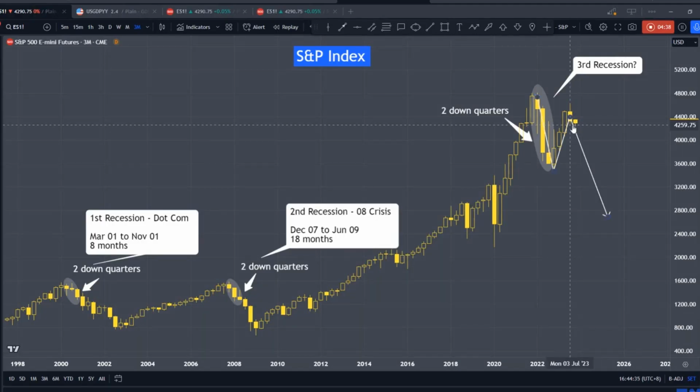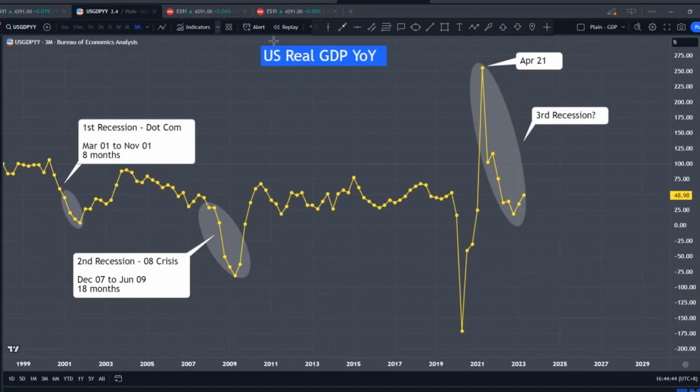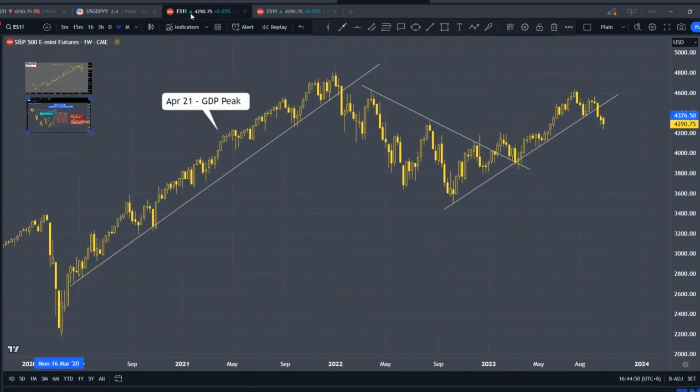Now, let me share with you some examples I did where we have to identify the trend. In April 2021, as we discussed, the GDP peaked, and this was also a period I became a bit wary of this bull trend.